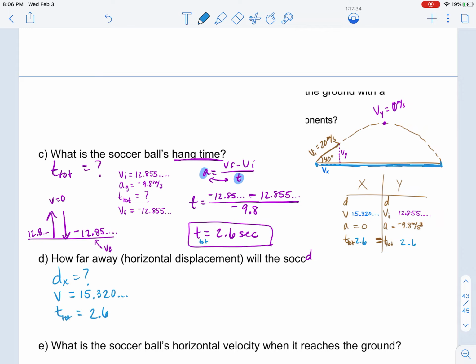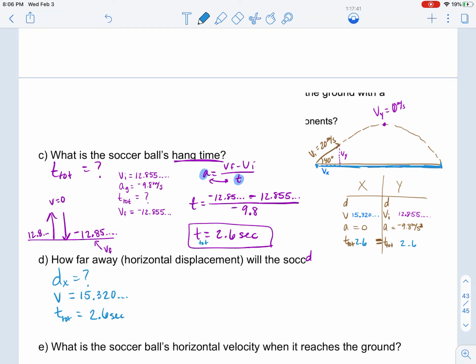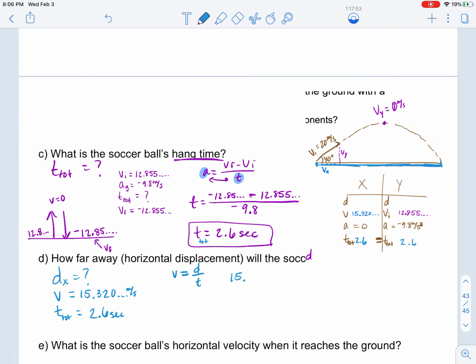Now, if I had the specifics, I would put those lingering decimals. I just don't have those handy. So I'm going to write the 2.6, but please know that when you do this on your own, try to use as many of those decimals as possible, okay? So V equals D over T. So now I'm going to say 15.32 blah, blah, blah is equal to D times 2.6.